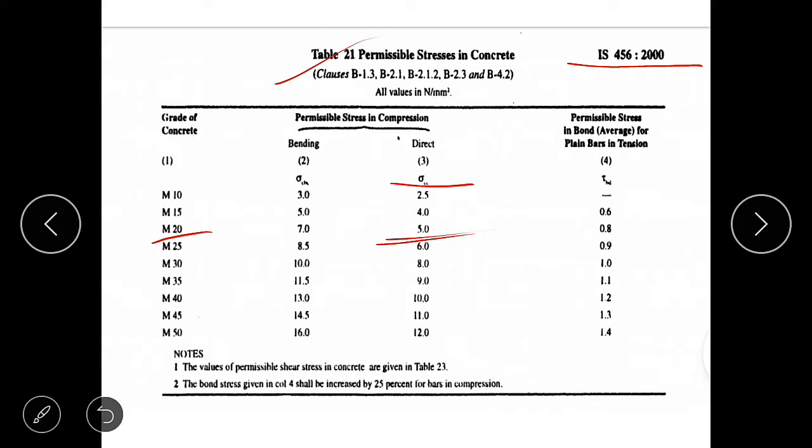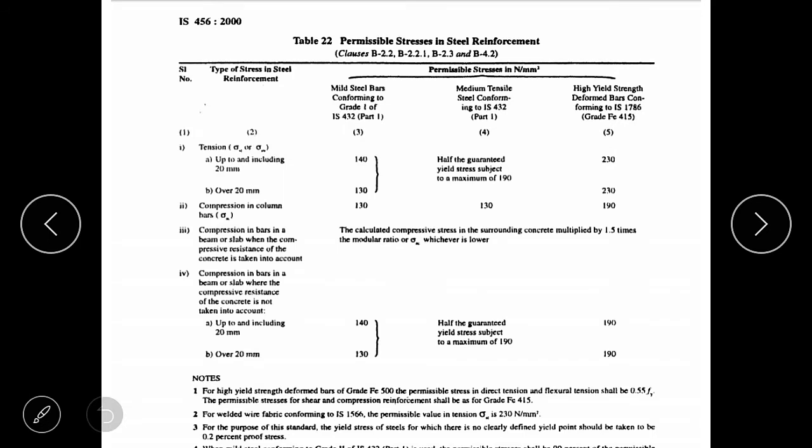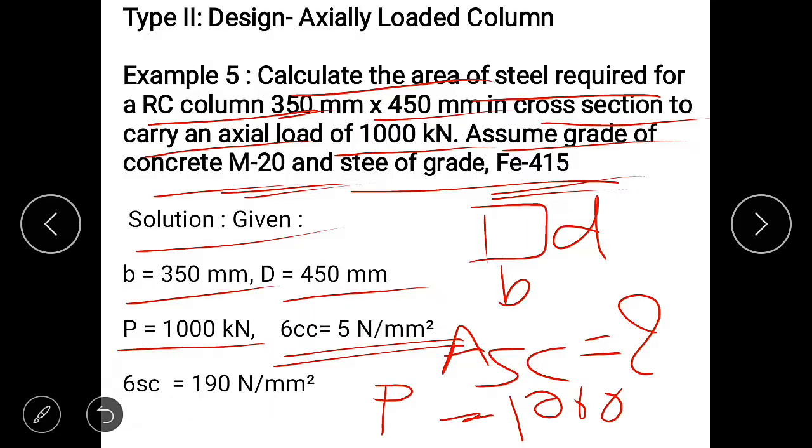For steel, our grade is Fe415, so for Fe415, the compression in column bars, sigma SC, is 190. So we take sigma SC as 190 Newton per mm square.